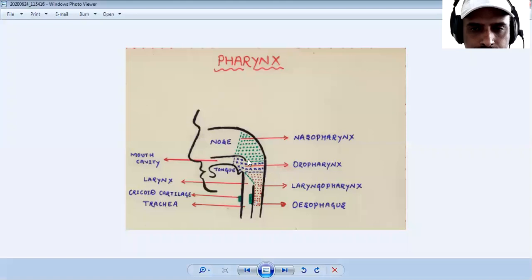It never collapses or stops the respiratory passage. The middle part is narrow and the lower part is the narrowest. The lower part is the narrowest part of the gastrointestinal tract.